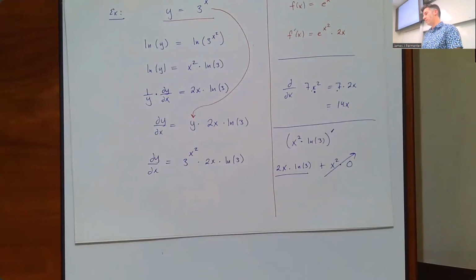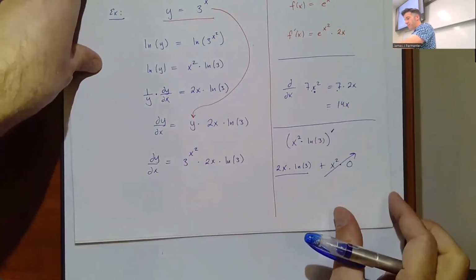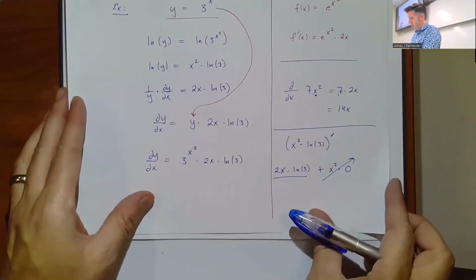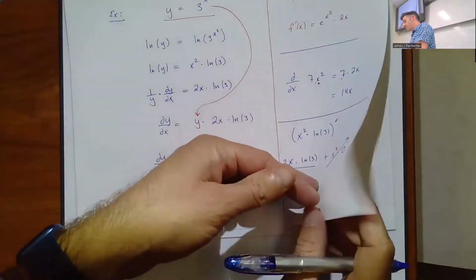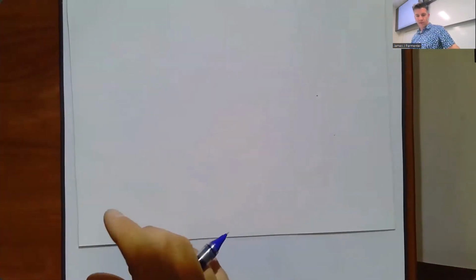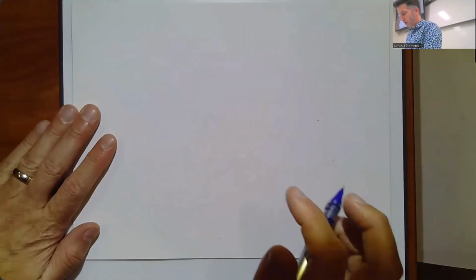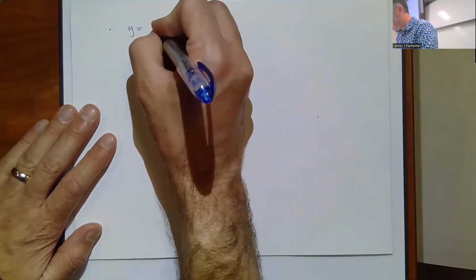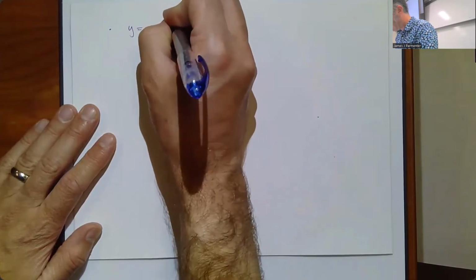We'll do one more and then we'll talk about the pattern. So let's try one more. Wish this piece of paper was bigger. I'm going to leave this up here for a second. Let's try y equal to 7 to the sine of x.